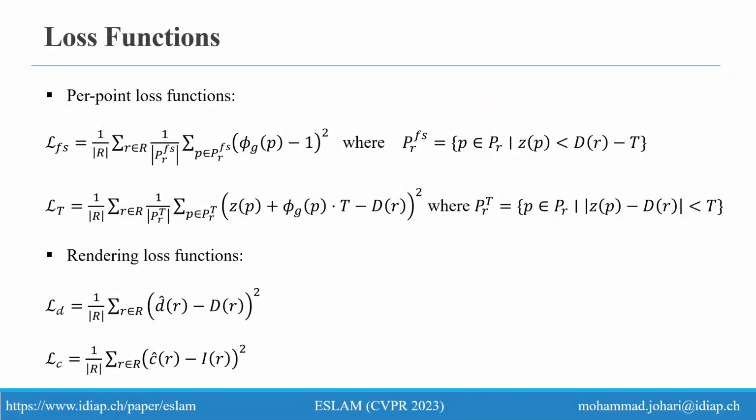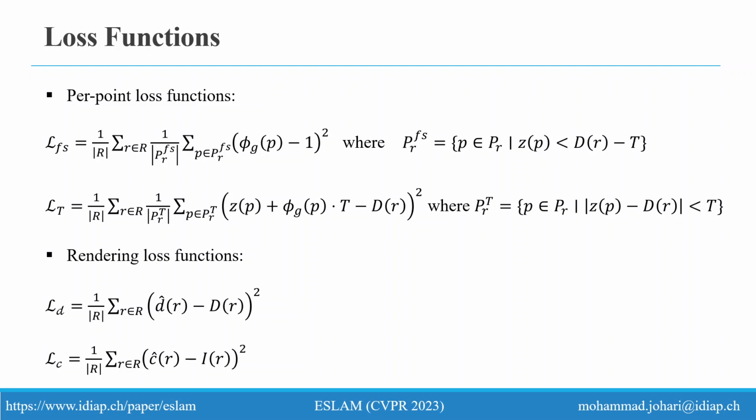For optimizing scene representation parameters and camera poses, we use 2 per-point loss functions and 2 rendering loss functions. The per-point losses are applied to each sample point individually, while the rendering losses are applied to sample rays.